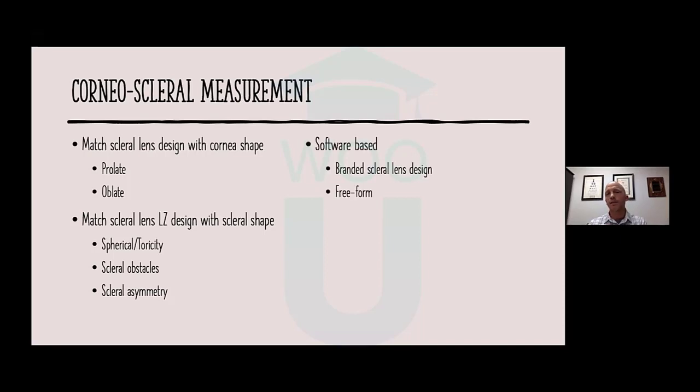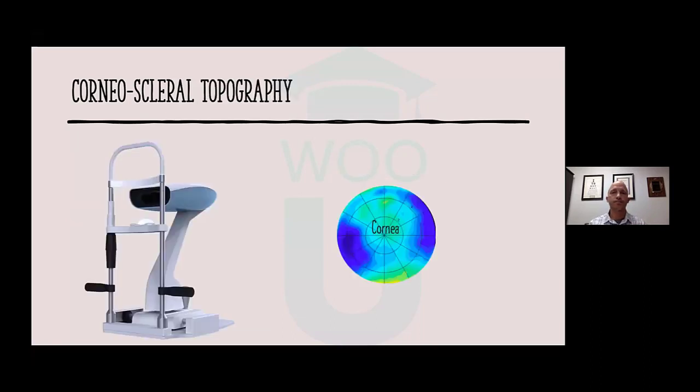And then, as I've already alluded to, there's lots of software now available that we can use with the measurements to fit and customize either a branded scleral lens design, or now we can fit these free-form scleral contact lenses. Well, let me first talk about corneal scleral topography.